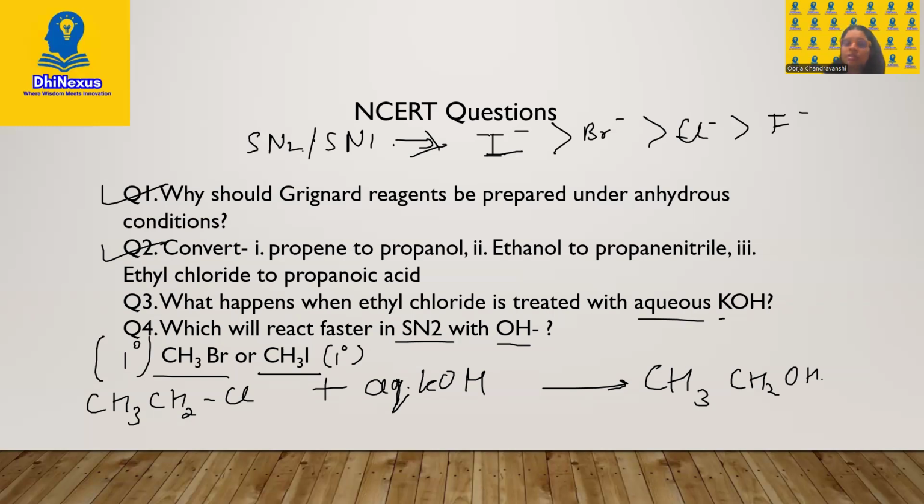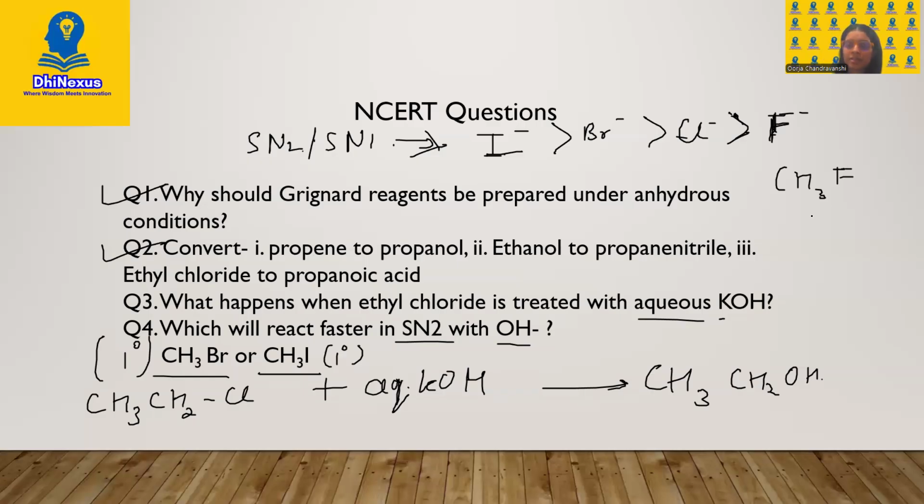What is the reason for it? Iodide has a low bond enthalpy, but at the last of the series of halogens, fluoride has high bond enthalpy.